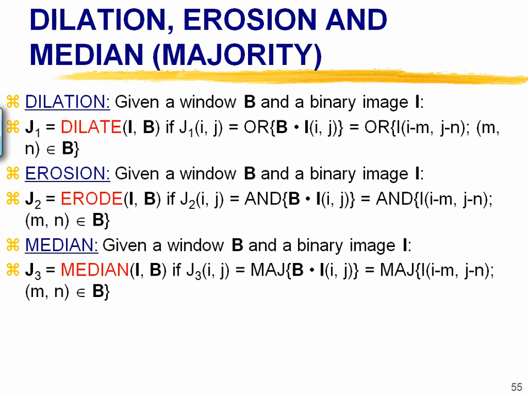So if I were to perform a median operation over my windowed set, which is a majority operation in the binary case, what I would get as a result is I would actually be able to eliminate very, very small objects as well as eliminate very small holes. But in general, it would not affect the shape of the object. Okay? It would not shrink it or make it larger.